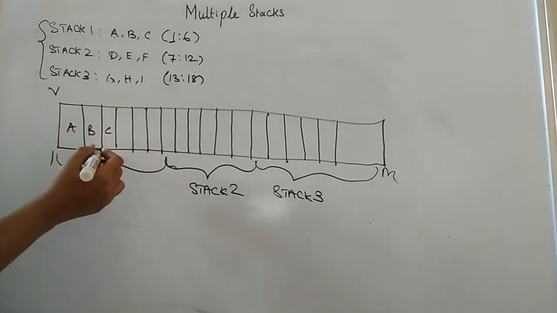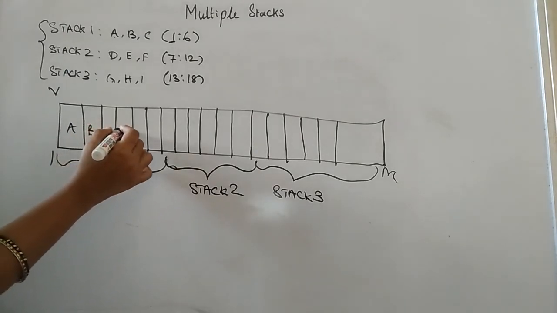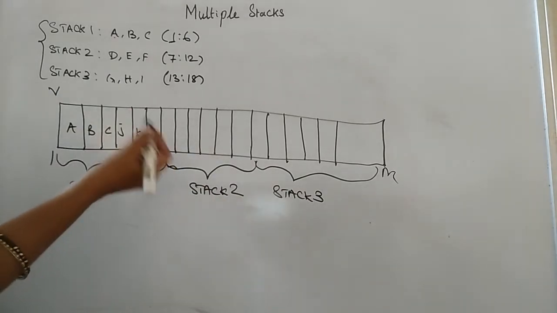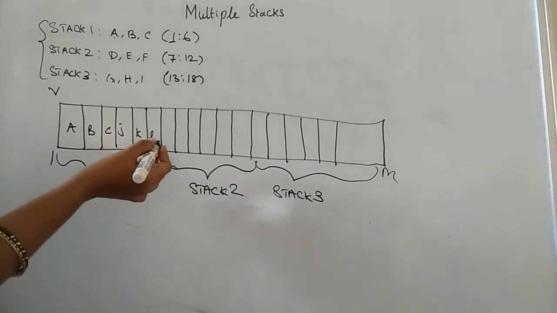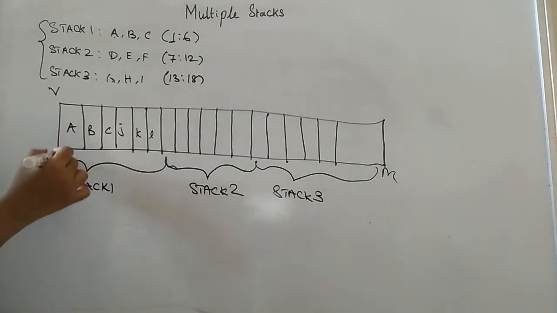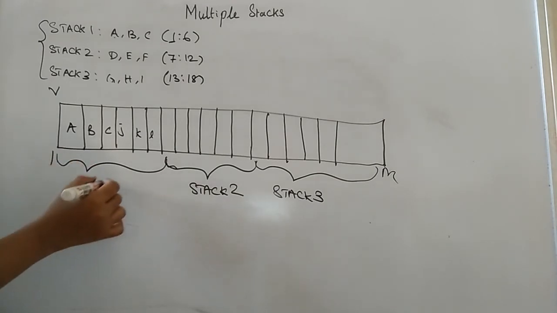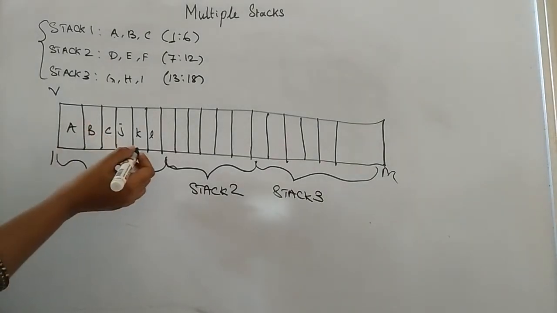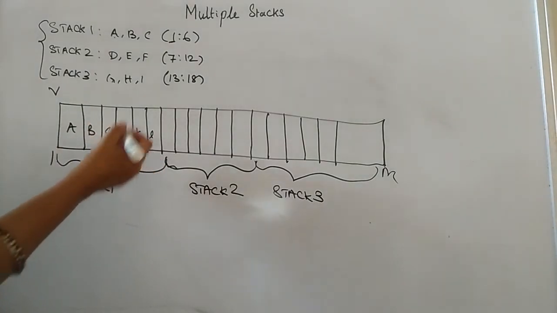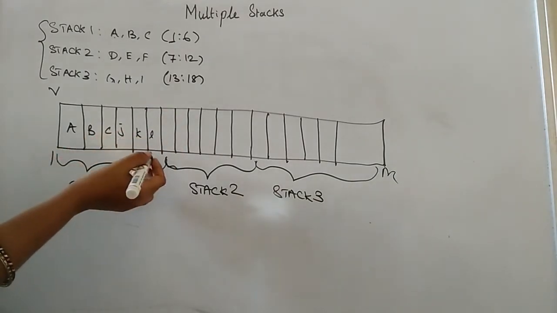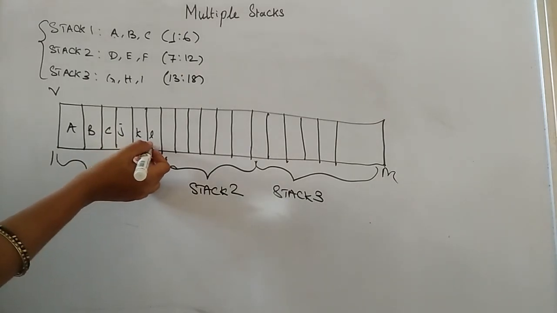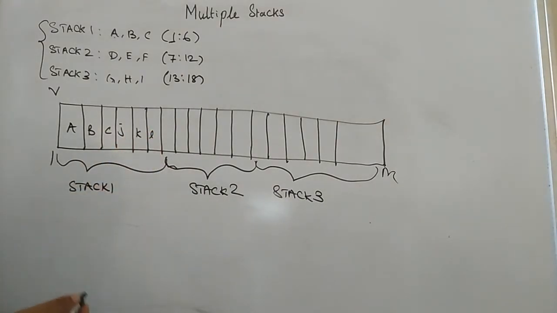In case I store other elements like J, K, L, and even if I wish to store one more element M, I couldn't push it because the size of stack 1 ranges from 1 to 6 only, so we couldn't store values beyond that limit. If you try to store elements into stack 1 beyond the limit, then we can give the message that the stack is full.